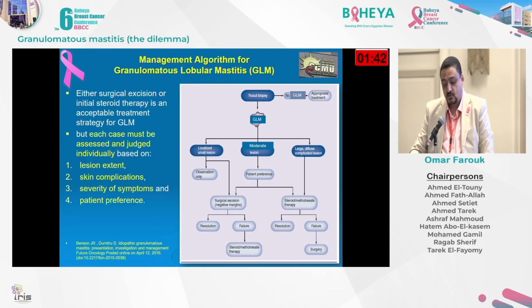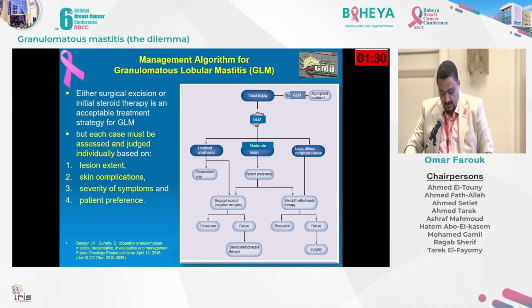The last question: could we put an algorithm for treatment of this disease? Yes, in the literature, we can classify the disease into 3 categories according to severity. In a localized small lesion, observation only. In moderate lesions and large diffuse complicated lesions, we can choose between steroids and surgical excision according to patient preference, and we can switch from one modality to the other or combine both according to the response.